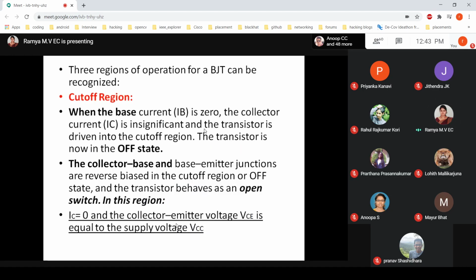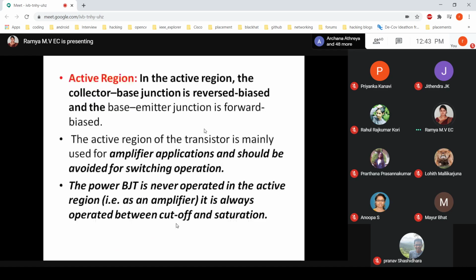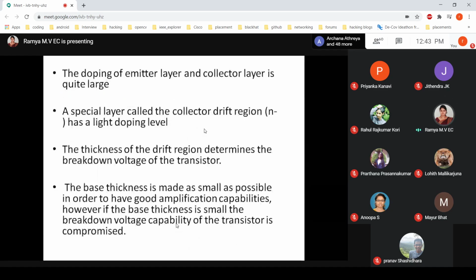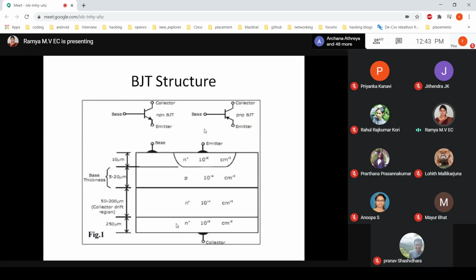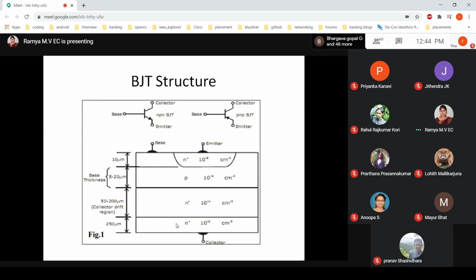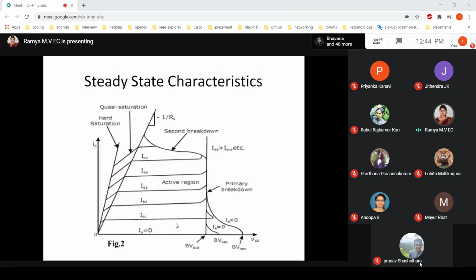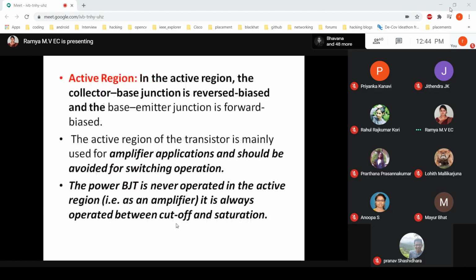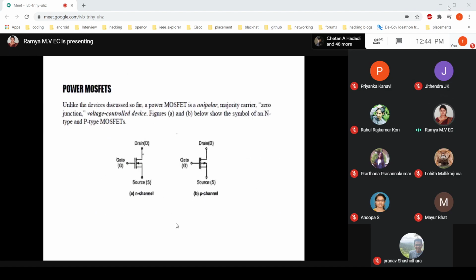That is what we had discussed. Depending on the doping of the collector drift region, the breakdown will be controlled. So that is the case with respect to the BJT.